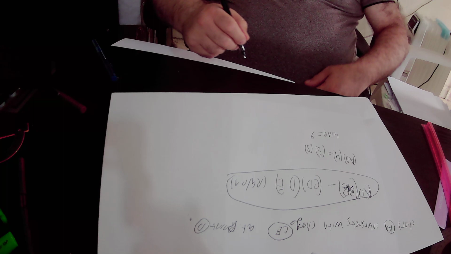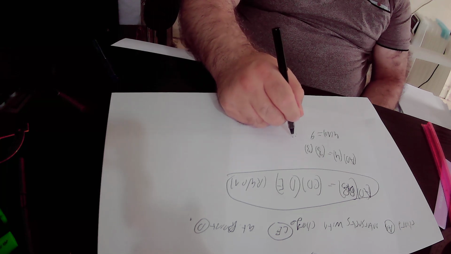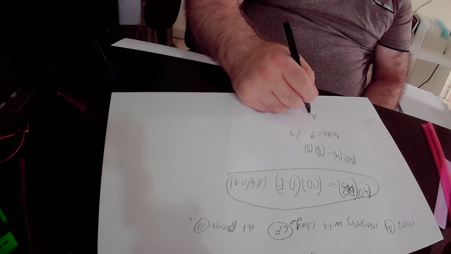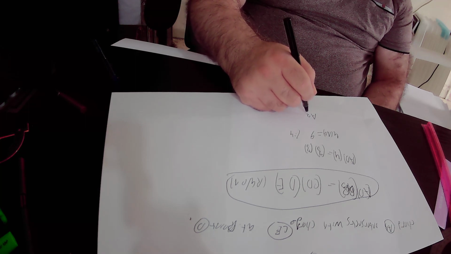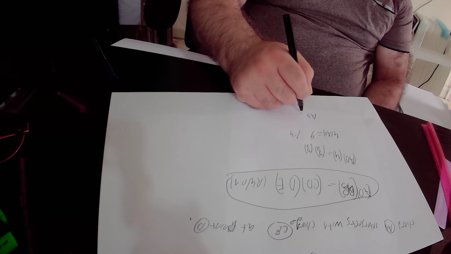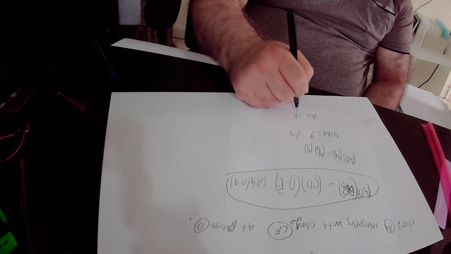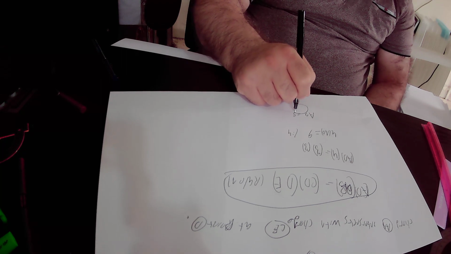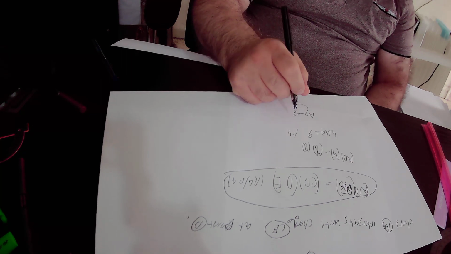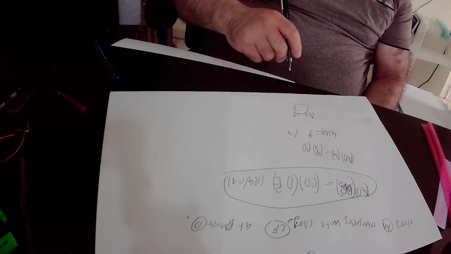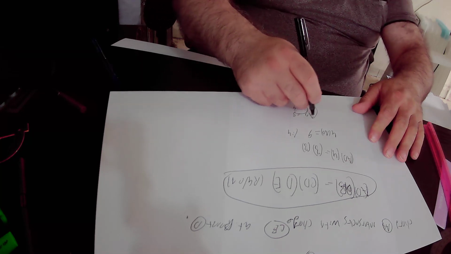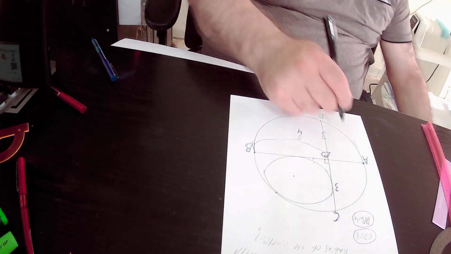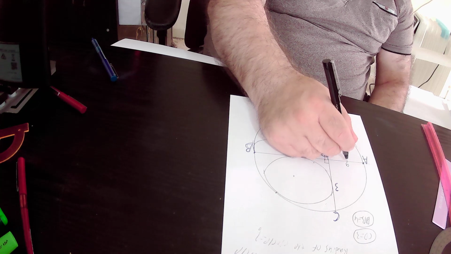We divide this equation by 4, and we get that AD equals 9 over 4. Right here on the drawing, AD equals 9 over 4.